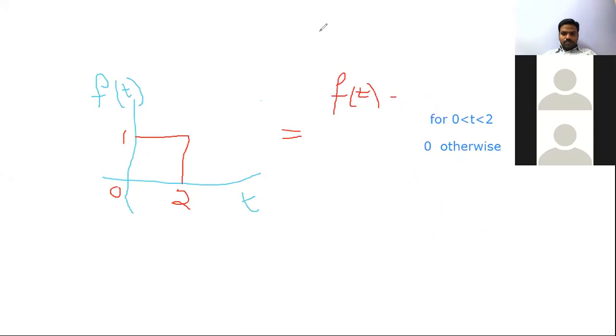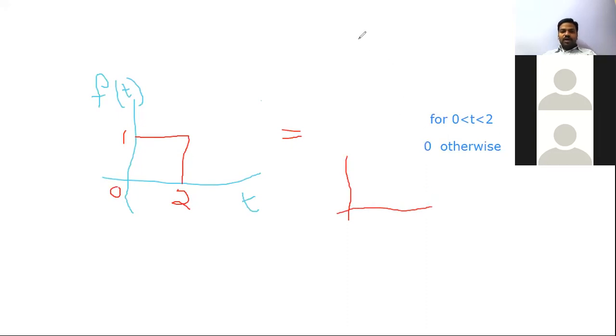Okay. Now let us see how this same graphical representation is going to be expressed in terms of unit step functions. Now, can anyone tell me the definition of unit step signal?